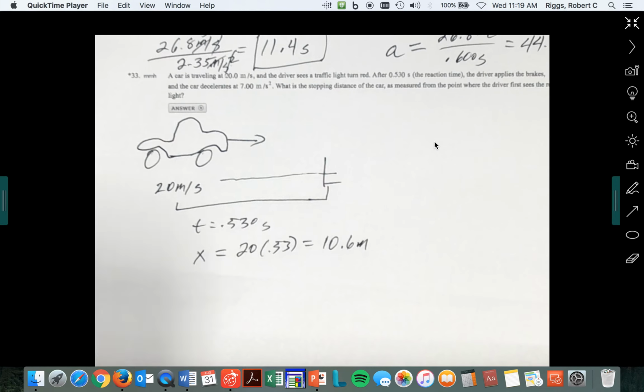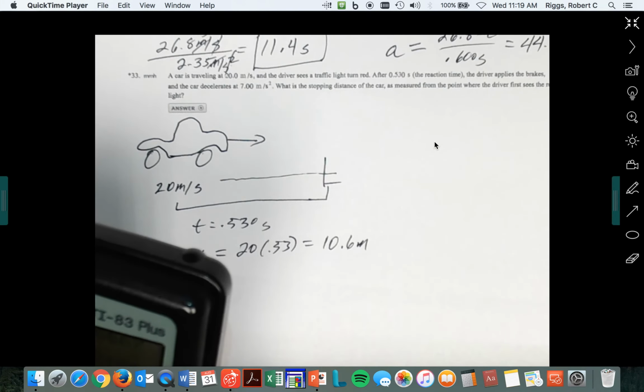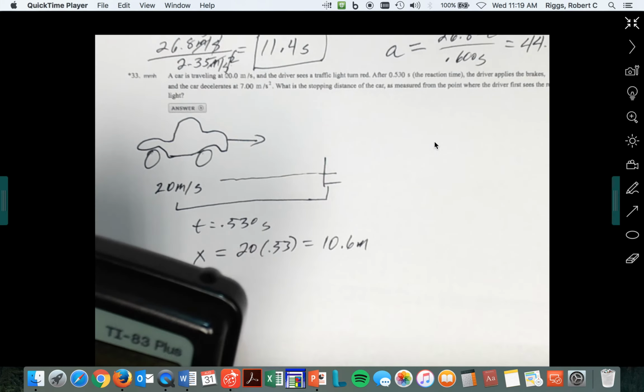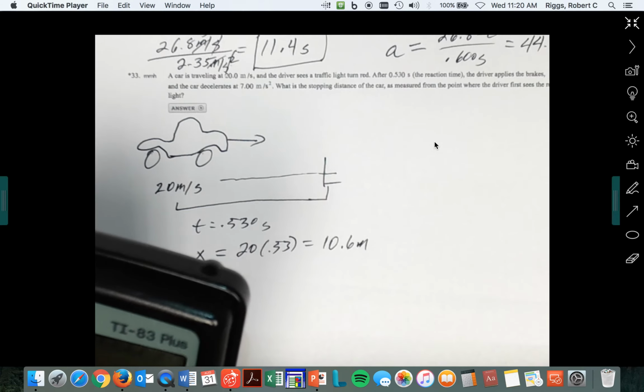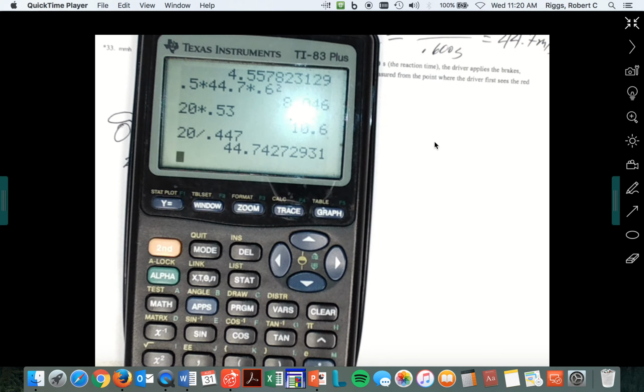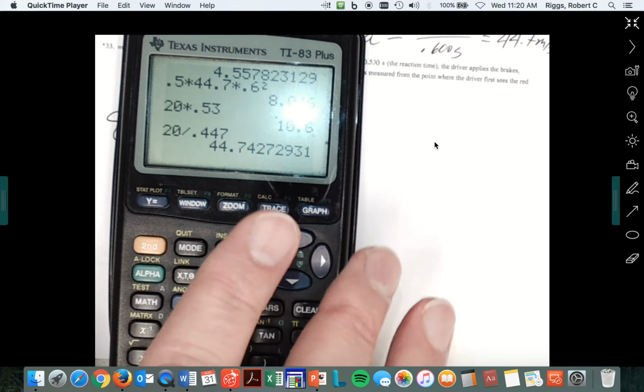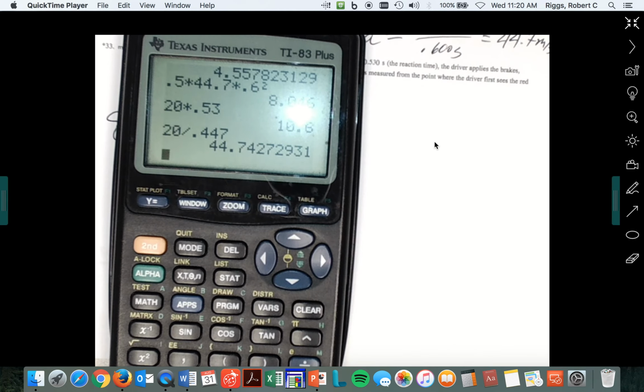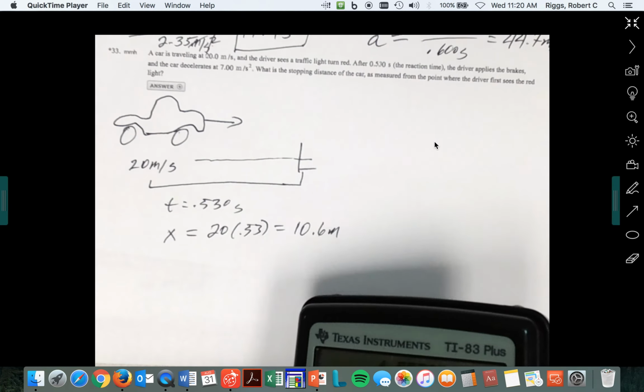And 20 meters per second is pretty fast. Divided by 0.447, if I take that 20, you're going 45 miles an hour. This is why it's so important you drive slow in school zones and neighborhoods, because you're going 45, which doesn't feel that fast, but you're not even going to stop for 10 meters.